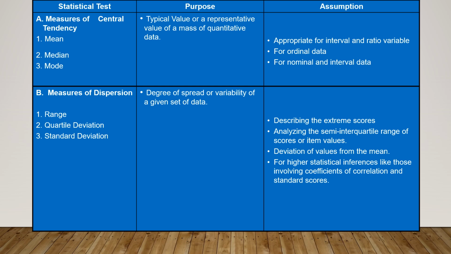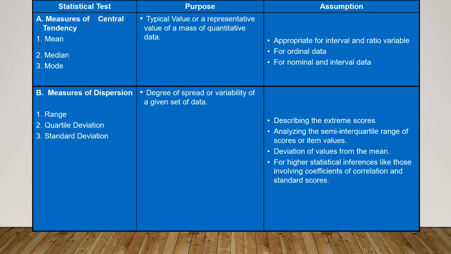Another statistical test is the measures of dispersion. We have the range, quartile deviation, and standard deviation. The purpose of the measures of dispersion is the degree of spread or variability of a given set of data.